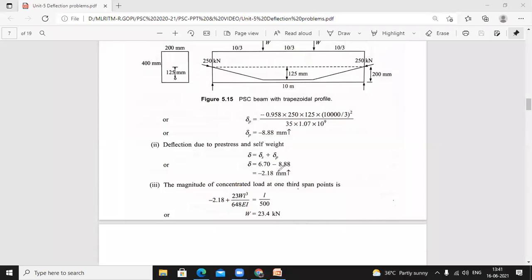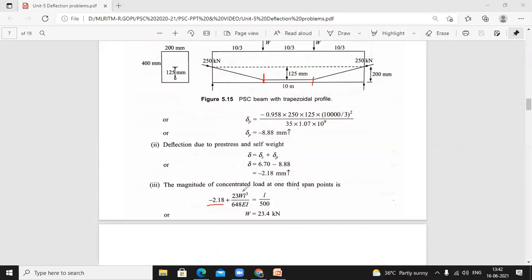So the magnitude of the concentrated load, which is at the 1/3 points, that means here and here. The net deflection, that means deflection due to prestress and self-weight, minus 2.18, plus deflection due to concentrated load, that means 23 WL cube divided by 648 EI.